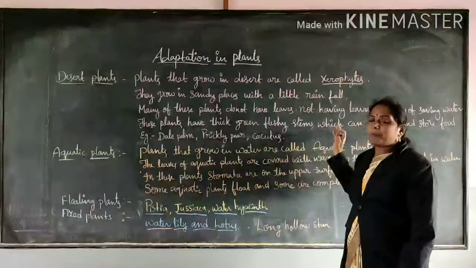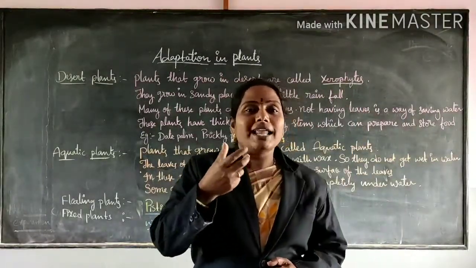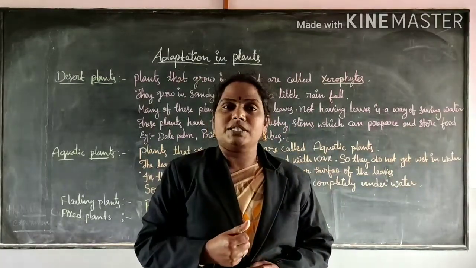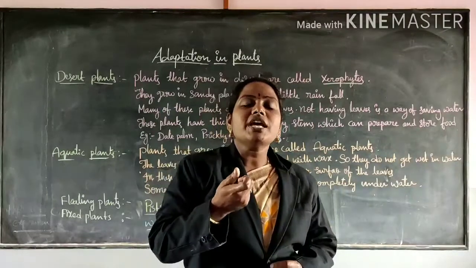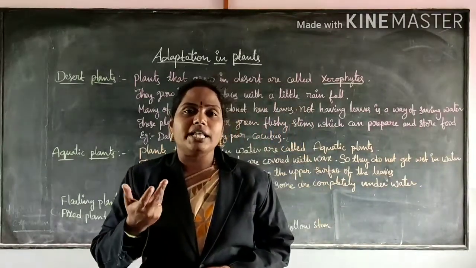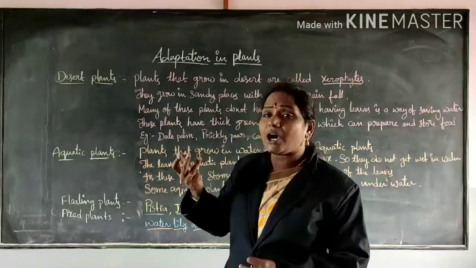Do you know the aloe vera plant? Aloe vera has fleshy leaf-like structures, no? Those are not leaves, they are stems. So they have fleshy green stems. They prepare their own food and store it in them.